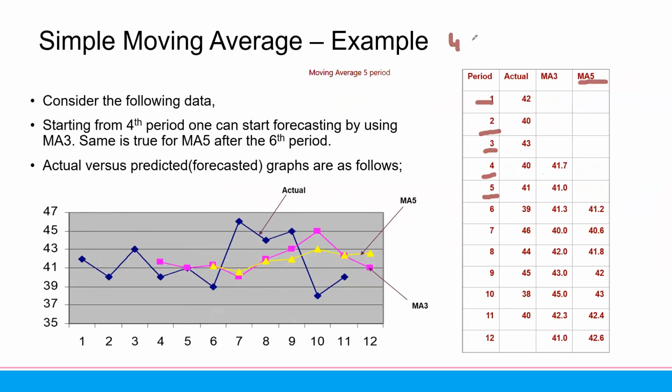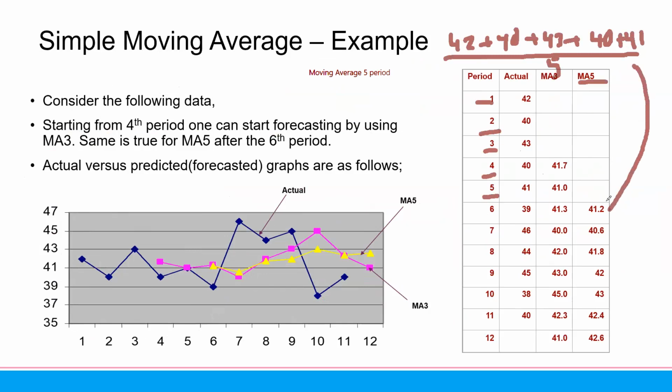So 42 plus 40 plus 43 plus 40 plus 41, divided by 5. And the result of this one will be in period 6.